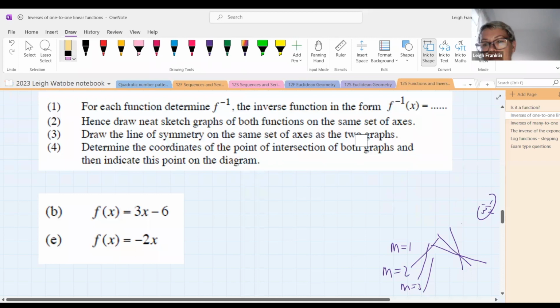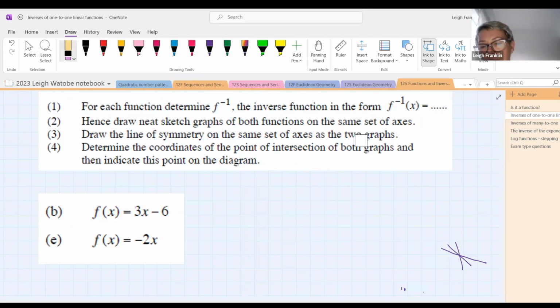Ma'am, does it also count if what we're plotting is negative? Does it become steep or does it become shallow? Okay, so in the case of your one-to-one functions, the gradient of the inverse would become shallower, for both.